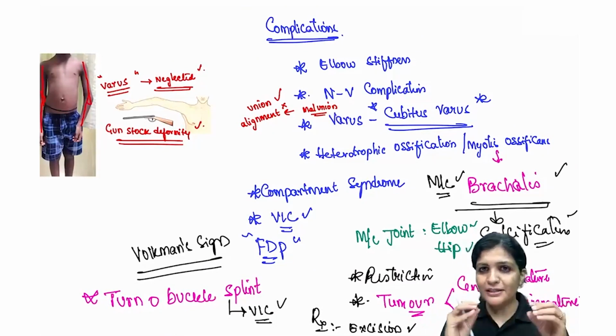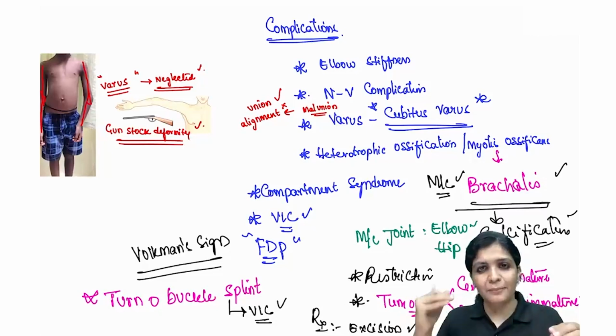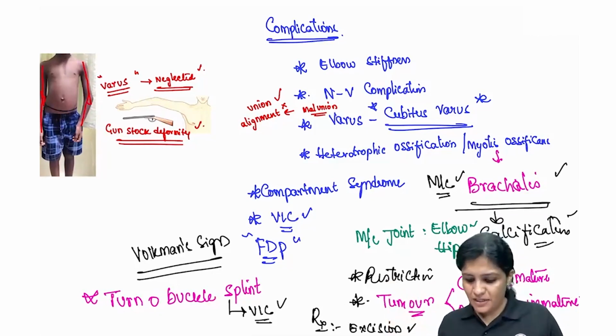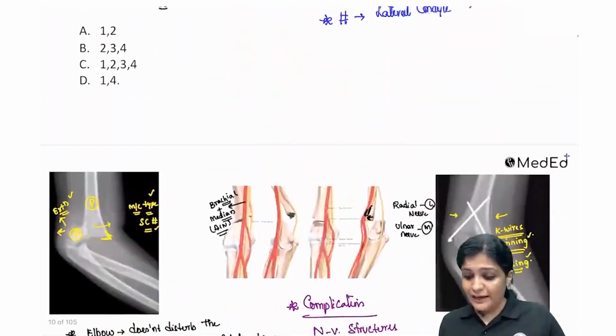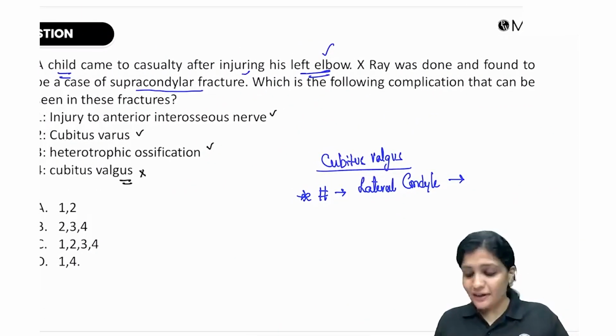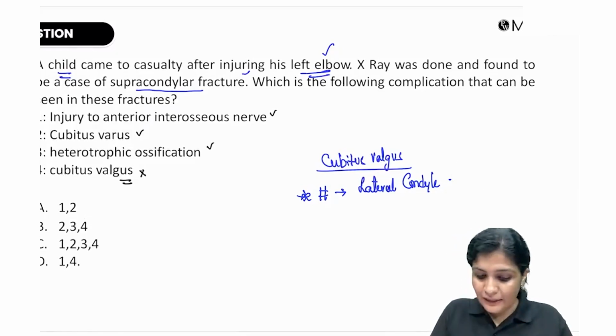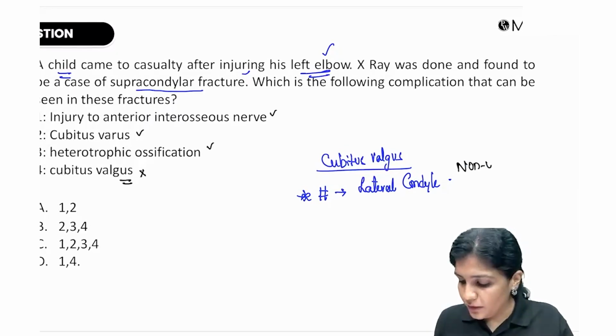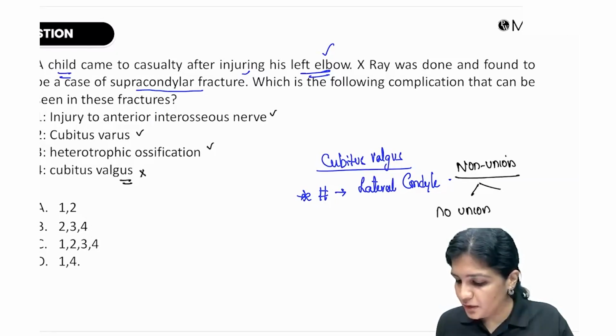That is the thing which you have to add. In case of complications, the supracondylar fracture will result in malunion. On malunion, it is the varus which will present to us, right? In case of your lateral condylar fracture, because this is an intra-articular fracture, this results in non-union, meaning no union between the fracture fragments.